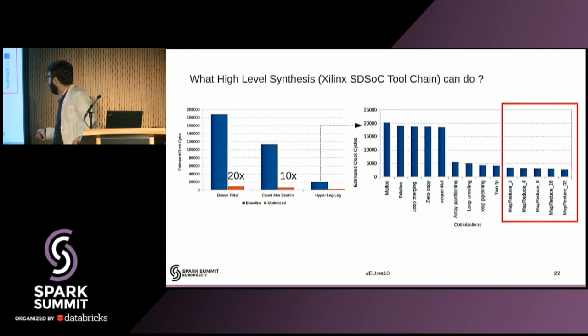So these are the set of optimizations which are already available in the Xilinx SDSoC. But what they do not have is support for MapReduce. And what I'm showing is that by instantiating different numbers of mappers and reducers, you could go even further down there as well. So these numbers, this one and this one, correspond to here, and this one corresponds to this one here.